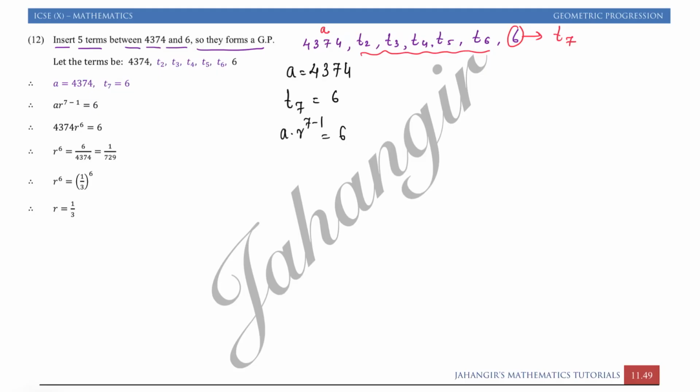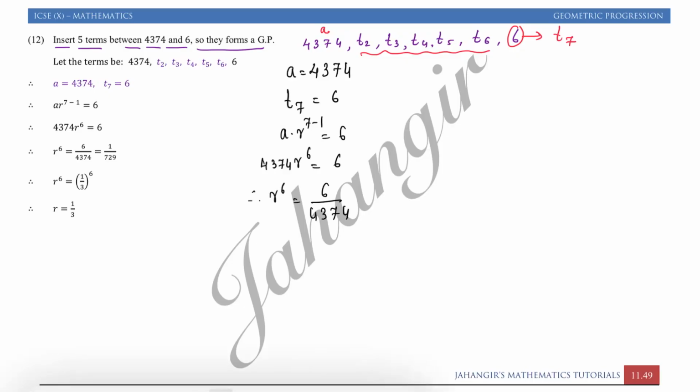is equal to 6. A into R raised to 6, we can put the value of A: 4374 into R raised to 6 is equal to 6. Therefore R raised to 6 is equal to 6 upon 4374.